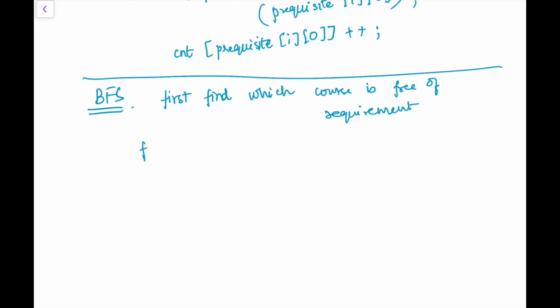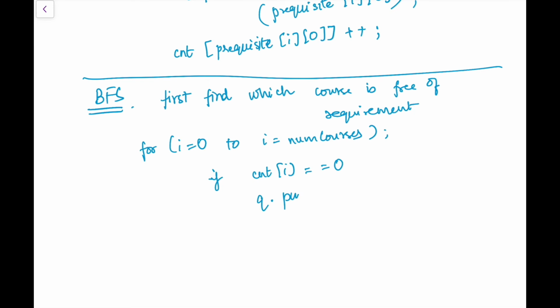For i equal to 0 to i equal to num courses, if counter of i equal to 0, then I can say that it doesn't have any prerequisite. I'll push my ith node into my queue, queue dot push i.